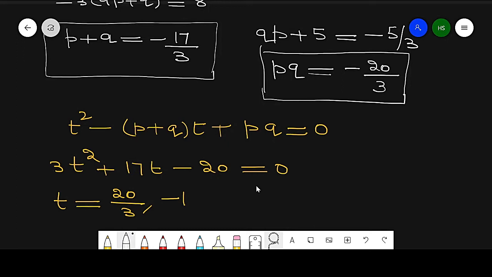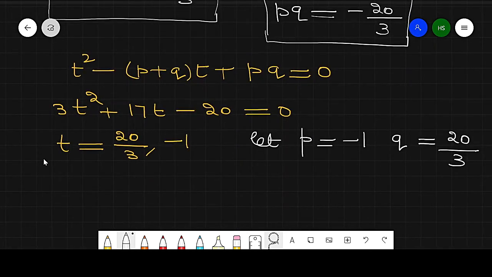One value is p and the second is q. So I take p equal to -1 and q equal to 20/3.